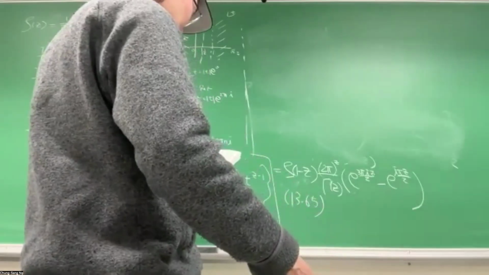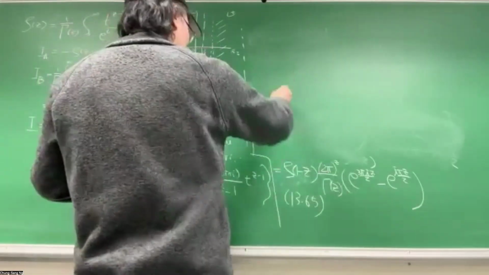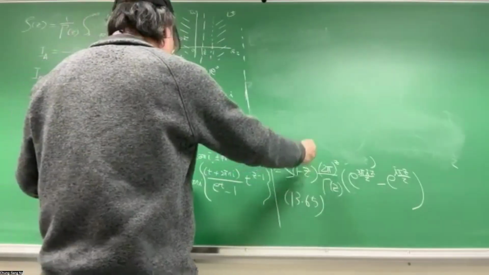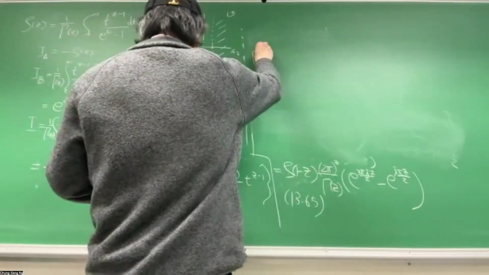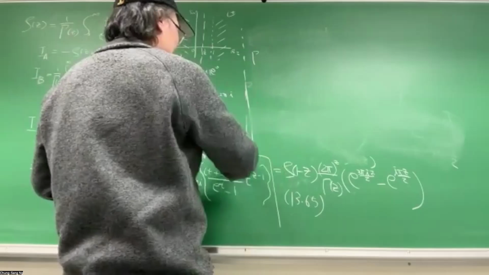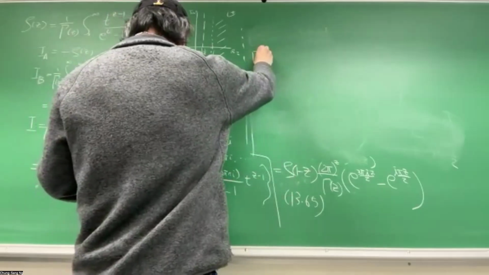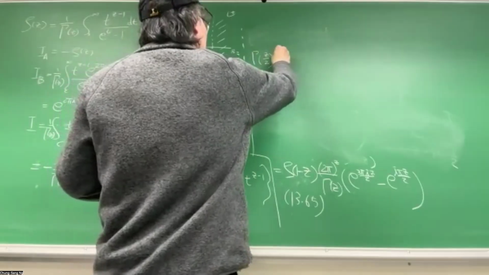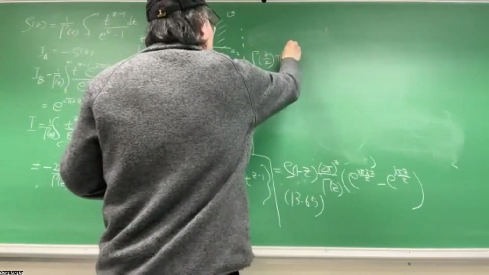The 13.67. So basically, it's still relating gamma z to gamma 1 minus z, not gamma zeta z and zeta 1 minus z. Now the reflection formula is like that.